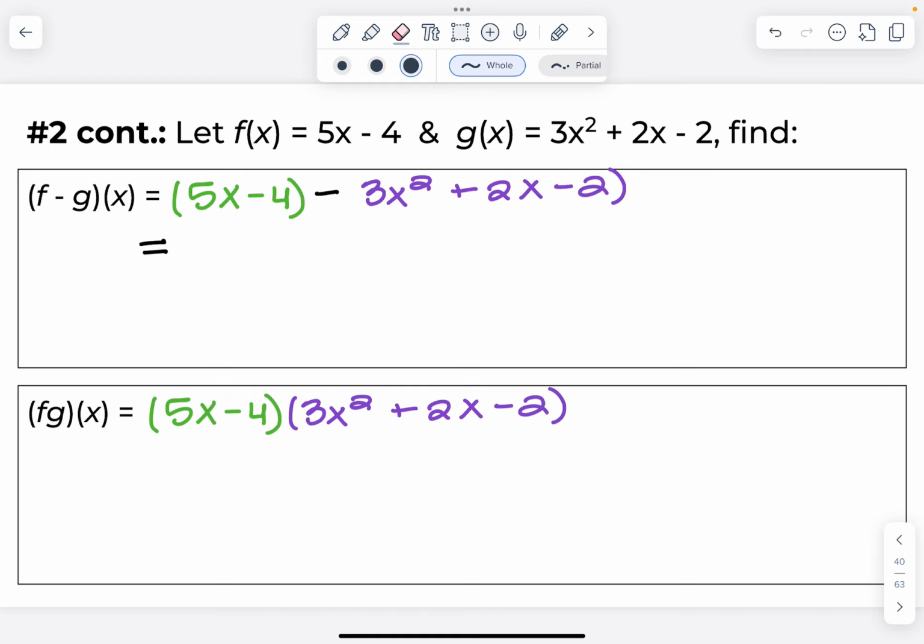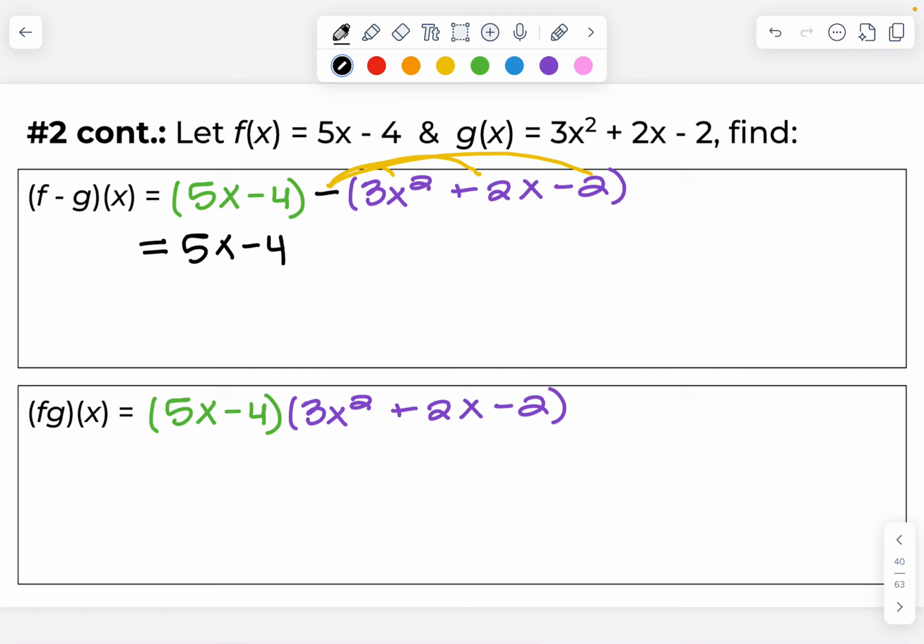You write it without the parentheses, and when you write it like that, you only apply that negative to the first term of the second function. So that's why I ask y'all to do the parentheses around everything. It ensures that won't ever happen. So I get negative 3x squared minus 2x plus 2.